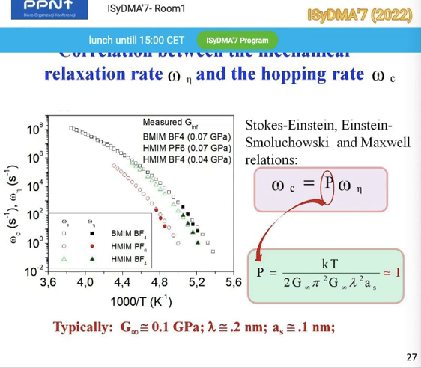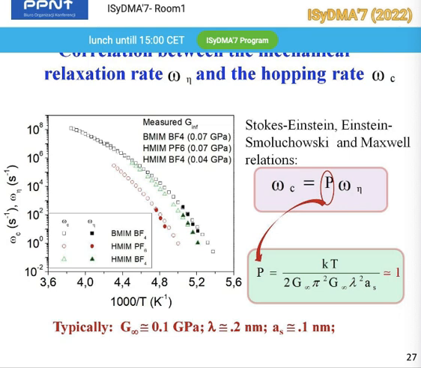But you observe here nicely that there is quantitative agreement within certain experimental margins of uncertainty, and the relationship between the hopping rate and the rate of mechanical relaxations is directly fulfilled with these measurements.